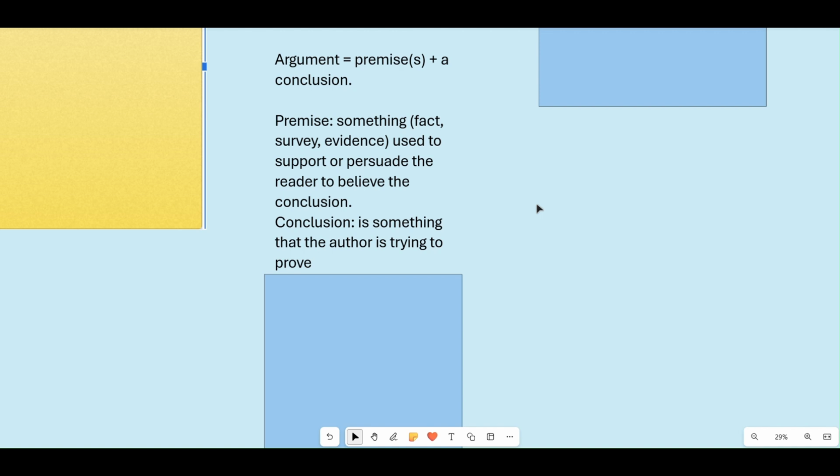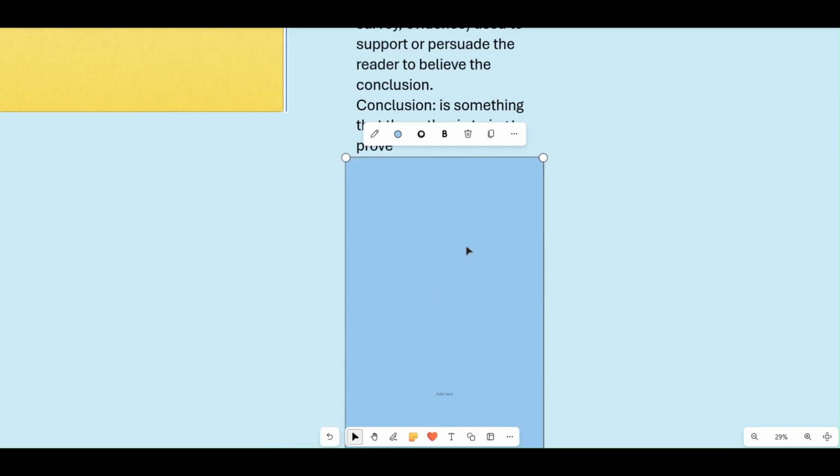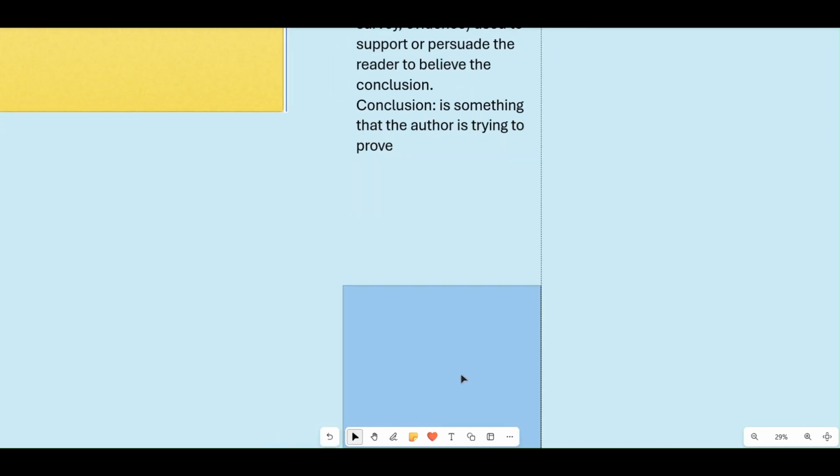But if you can understand what the author is ultimately trying to get at, and see beyond what the author is saying to why the author is saying it, why the author says you should believe this fact over another, and it's because of XYZ. So if you can see the conclusion and you can see what's used to support the conclusion, you can really boil down those really tricky arguments that the LSAT consists of, and you can do better on the LSAT. And essentially, that's what a premise and conclusion is, and why I believe it is so foundational.